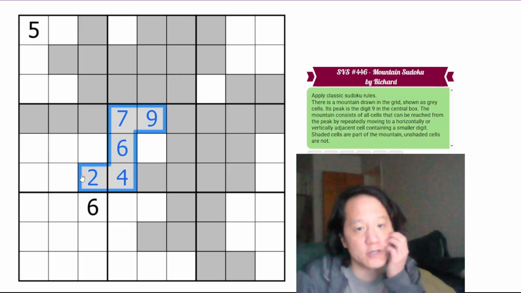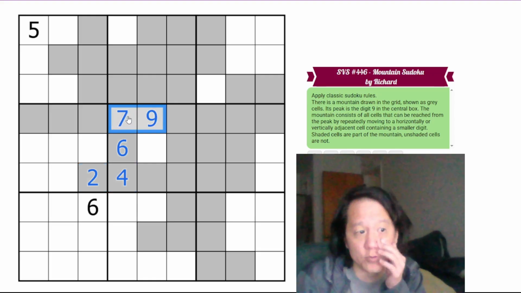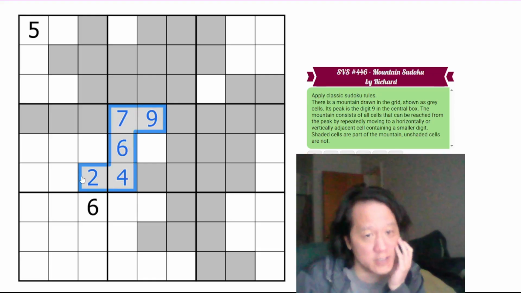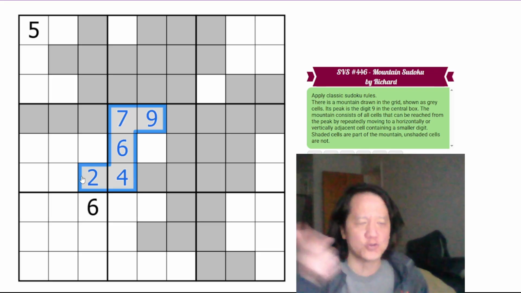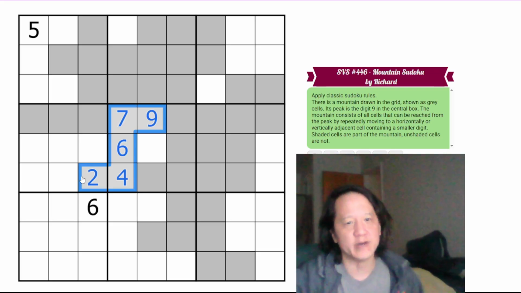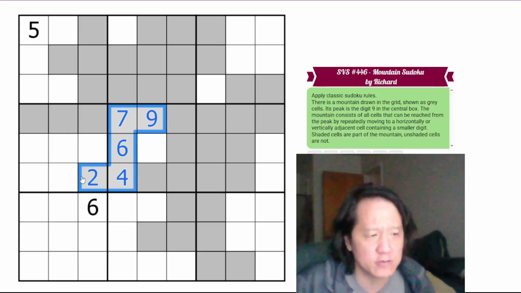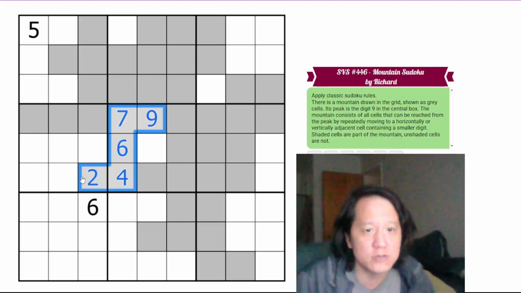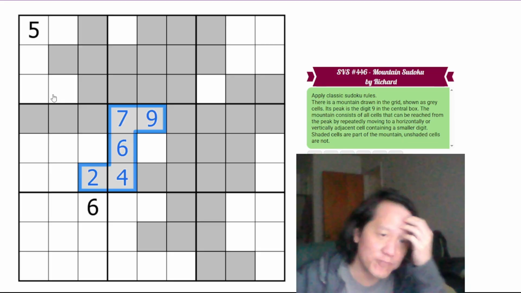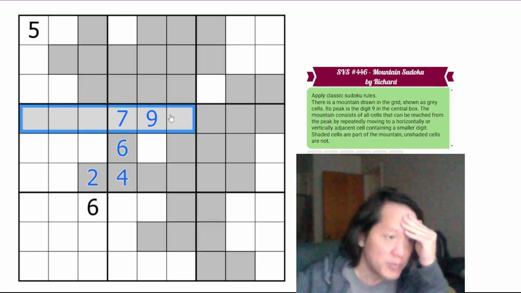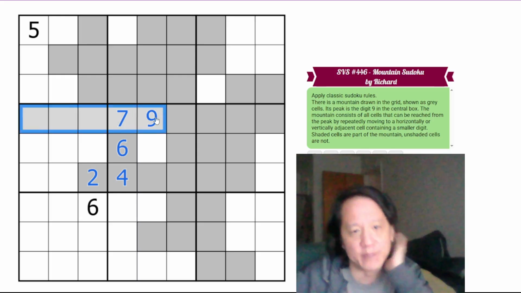And you can get to here by going through cells that will always decrease. So it's kind of like a reverse thermometer, if you think about it. We don't know where the 9 is, but from the edges to the 9, you essentially have to have a thermometer.